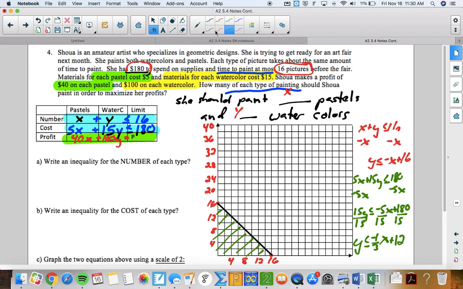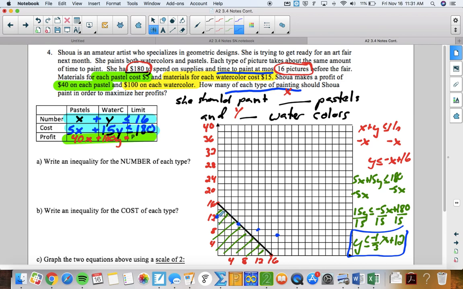So to graph this line, should have done it in a different color. I'm going to do this one in blue. We're going to start at the y-intercept of 12 and then go down 1, right 3. And because I need to shade below this line, folks, I actually don't even need to keep the line going.